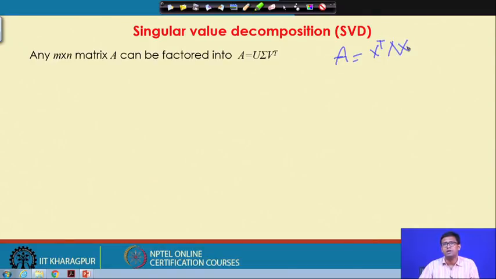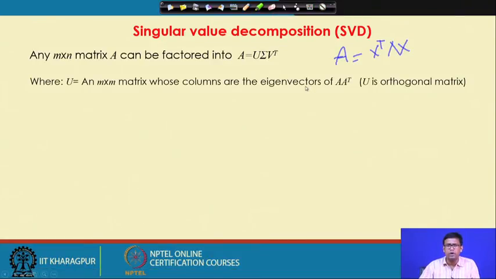Instead of x transpose and x, we are using two different matrices U and V transpose, and instead of the lambda or the eigenvalue matrix, we are also using another different matrix sigma, where U is an m into m matrix whose columns are eigenvectors. Now, they are not eigenvectors of A, because A is a rectangular matrix, we cannot have eigenvalue and eigenvector of A, but we can get eigenvectors of A transpose.